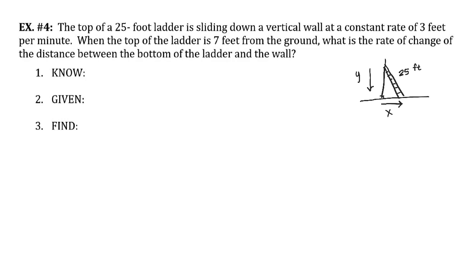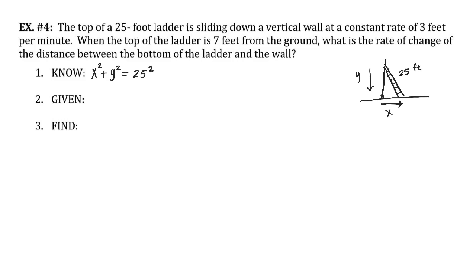Okay, so there's a good picture of what's going on with this, and we will make sure that is perpendicular. So let's fill in some of our other stuff. So it's asking us what we should know. Well, we should know that looks like a right triangle, so we need to know our Pythagorean theorem. X squared plus y squared equals that other side squared, right? And we do know that side. That's going to be 25 squared, right?